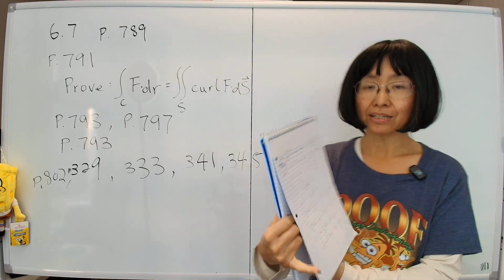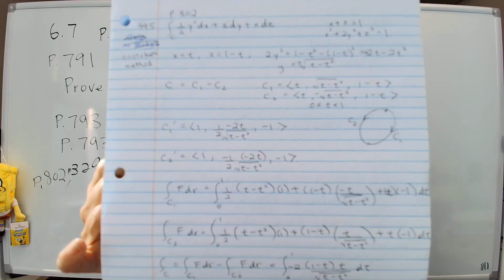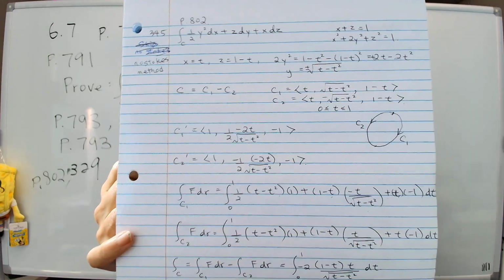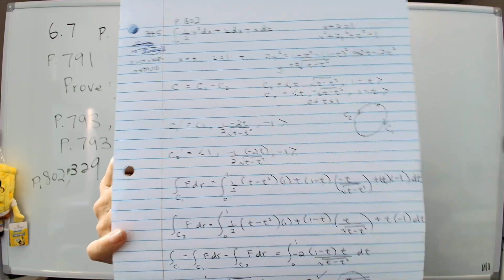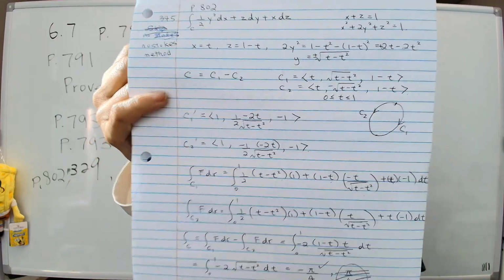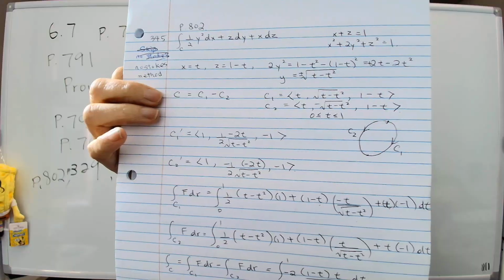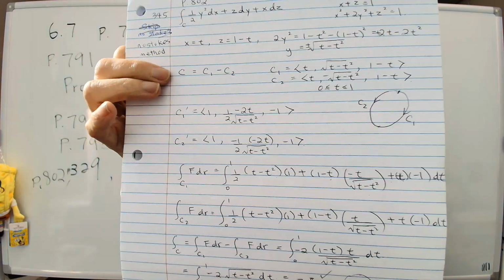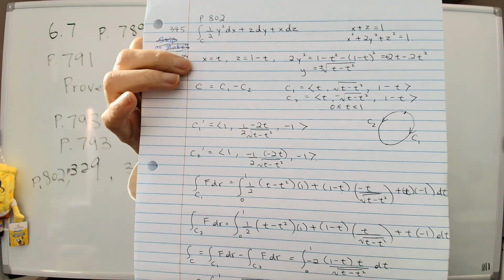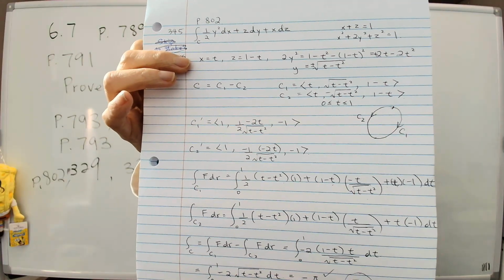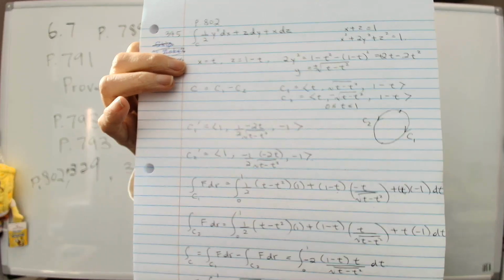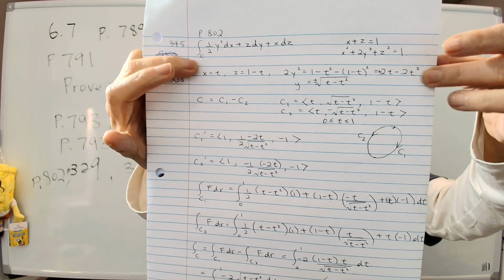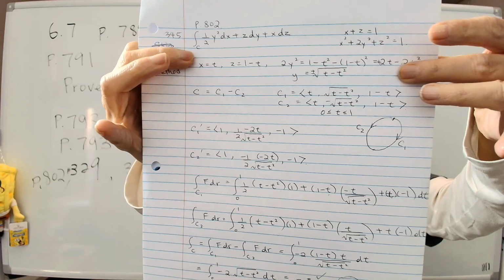So I did the F dr method first, the easy way, and we'll do the curl F dS later. Here's F dr. We have that surface, and the hardest part, as always, is the parameterization, where C equals two parts, C1 and C2. You do the subtraction: if you set x equal to t and z equal to 1 minus t, because of this relationship up here, then you solve for y and end up with y equal to plus or minus that square root thing.